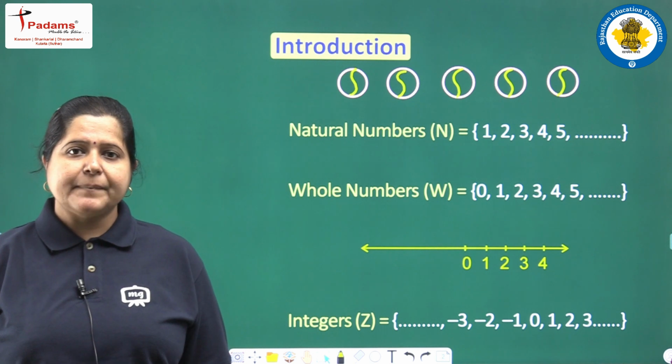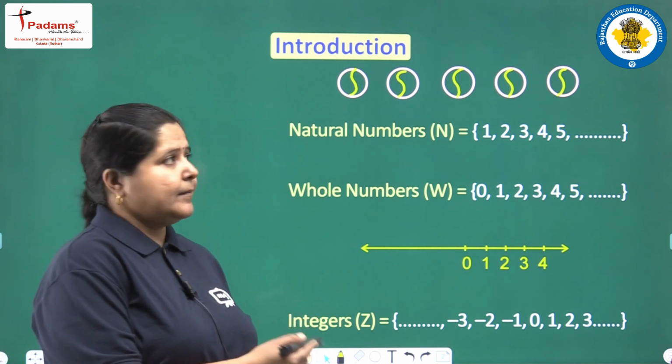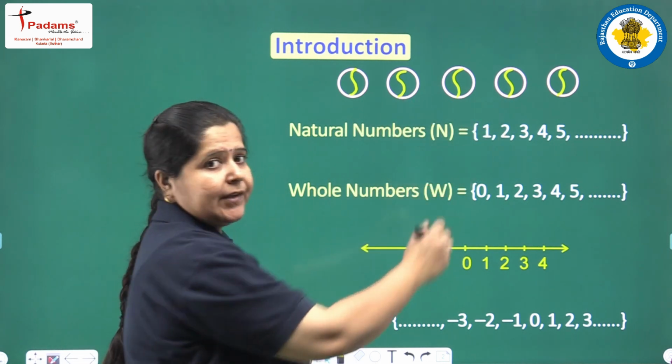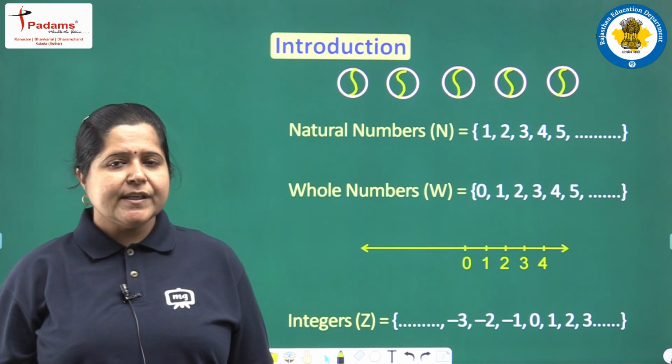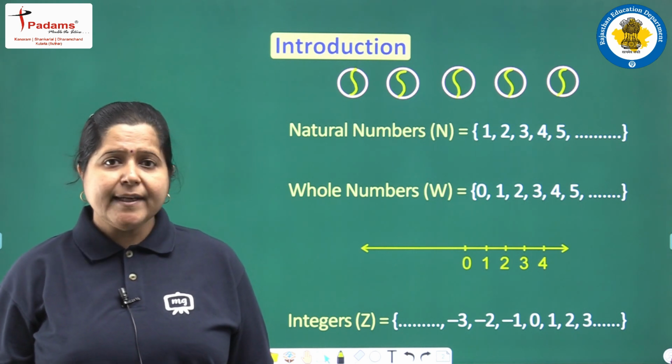Let us begin with some play here. We are having some balls in the picture. Let us count them. They are 1, 2, 3, 4 and 5. 5 balls are here. Similarly, if I give you some apples or some books and ask you to count them, how many are they?